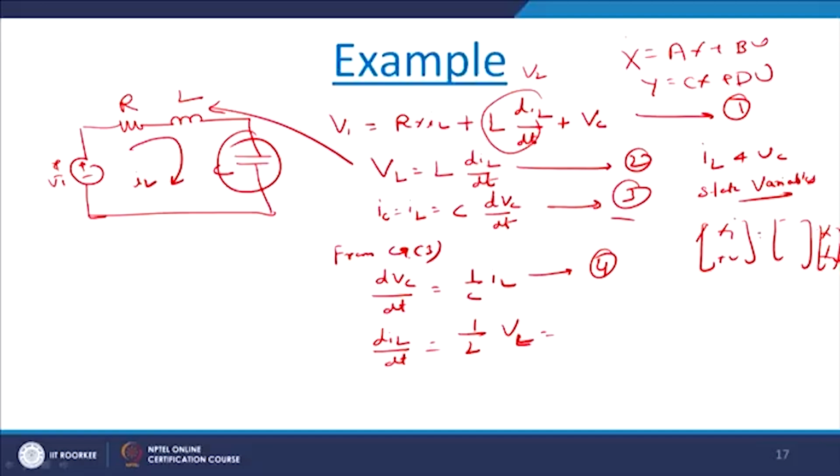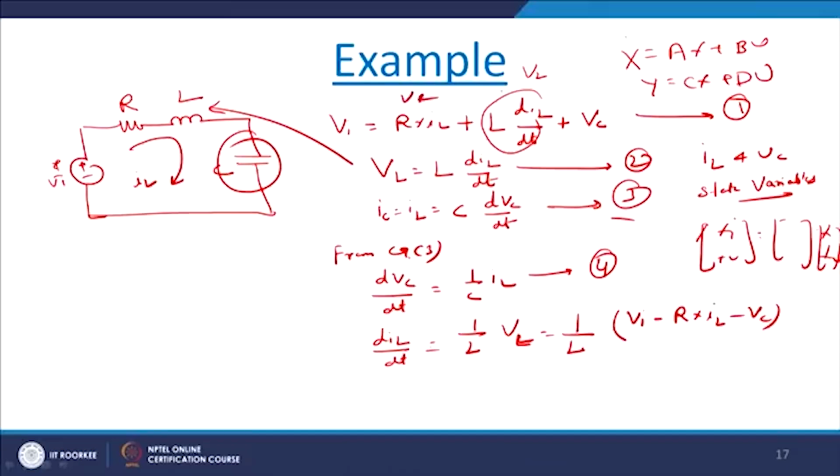Therefore, this 1 by L into VL, we can write as input VI minus R into IL minus VC. Why have we done this?